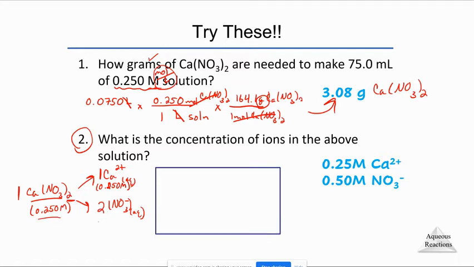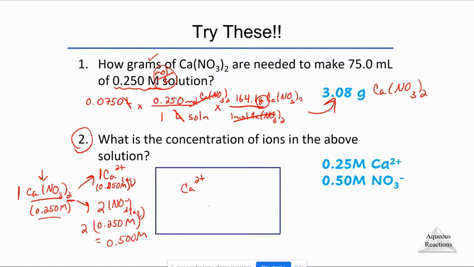So I'm going to double the concentration: 0.250 molar times 2. So that gives me a total of 0.500 molar for my nitrate. So in other words, every time one of these units dissociates, it dissociates into 1 unit of calcium ion.